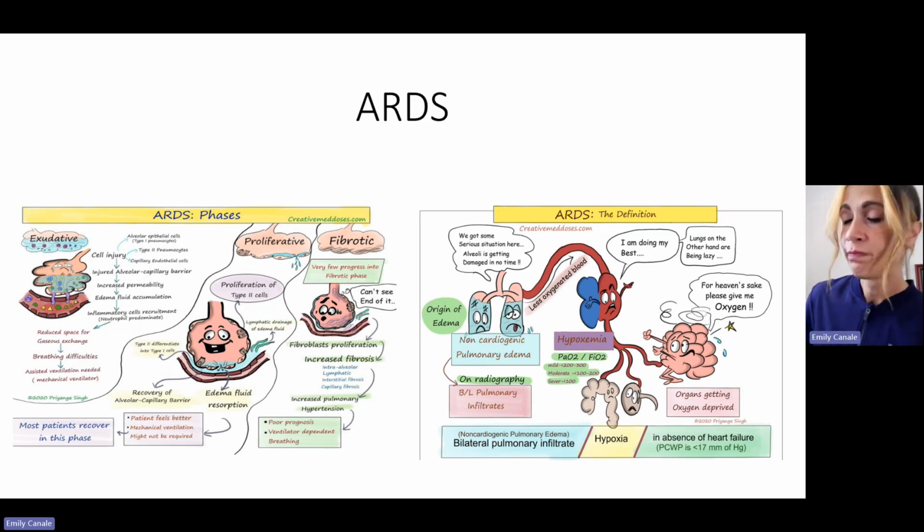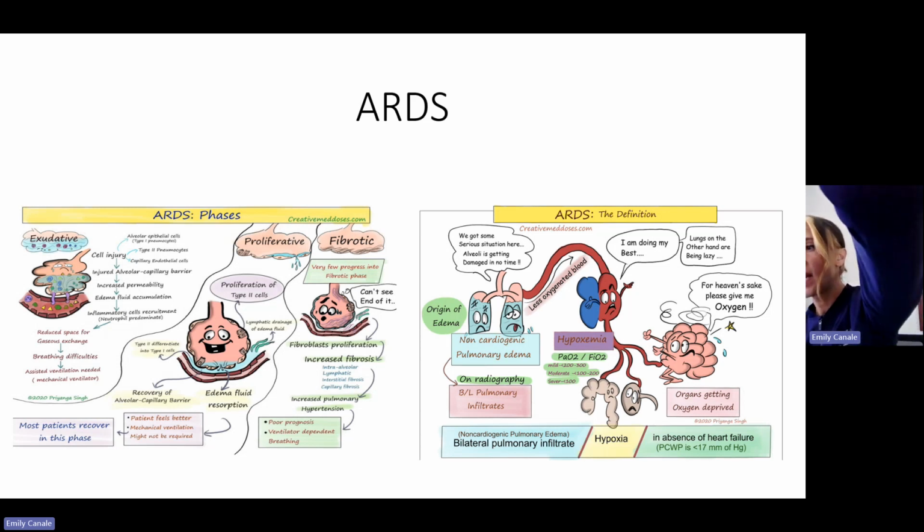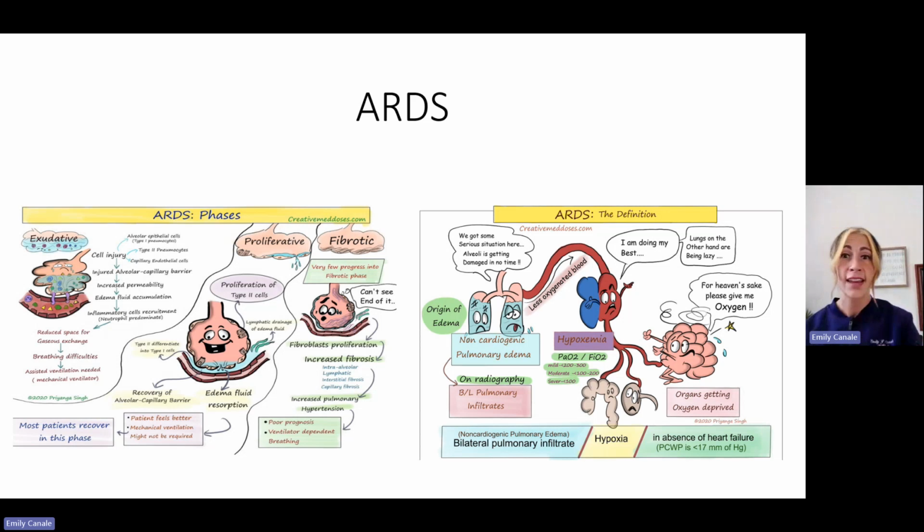So now we're going to see a really severe VQ mismatch. We are not getting ventilation at all, but you're getting blood perfused. That is why you're seeing that hypoxemia. Your blood is shunted past the fluid-filled alveoli and it's not getting oxygenated. That is the problem in ARDS.